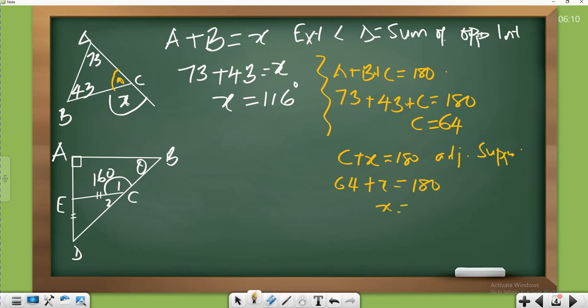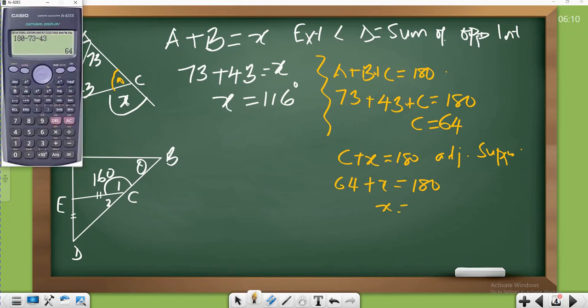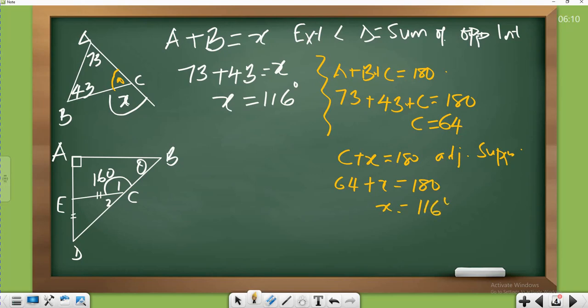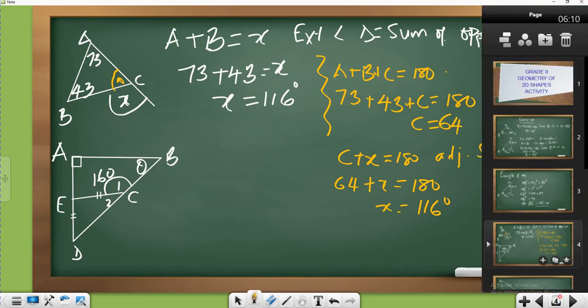We throw the 64 over to the other side, and we have 180 minus 64, and that will give us 116, and we're back at the same answer. Beautiful. I hope that makes sense to us. So either we use the first method or the second method.